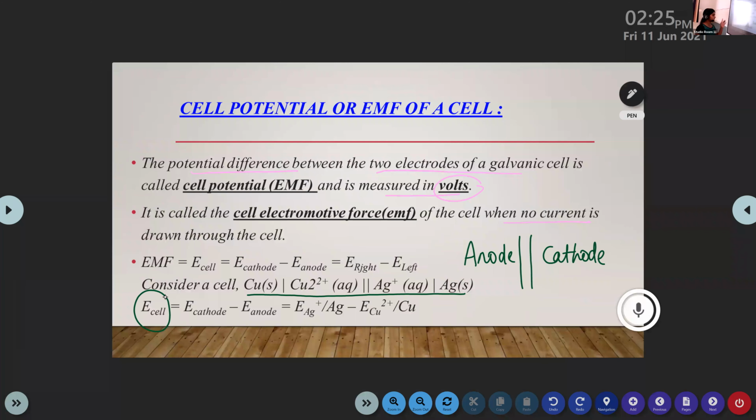So we can write the equation for the cell potential, that is E cathode minus E anode. Here the cathode is silver. So E means electrode potential. Electrode potential of Ag plus bar Ag minus electrode potential of copper, that is E Cu2 plus bar Cu. This is the equation to find out the cell potential of an electrochemical cell.